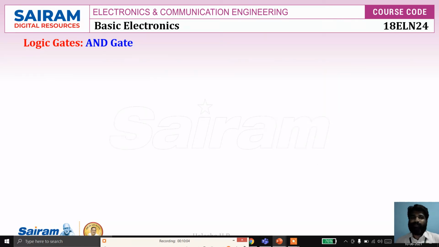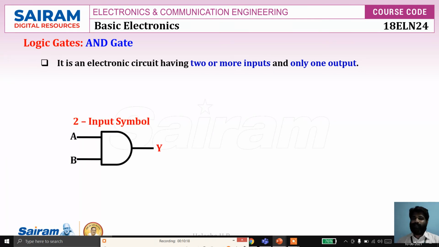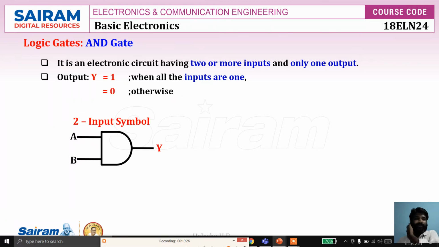Now we'll see the AND gate. Again, it is an electronic circuit having two or more inputs and only one output. This is the two-input AND gate symbol. A and B are the inputs, Y is the output. Here output Y is equal to 1 when all the inputs are 1, otherwise it is 0.